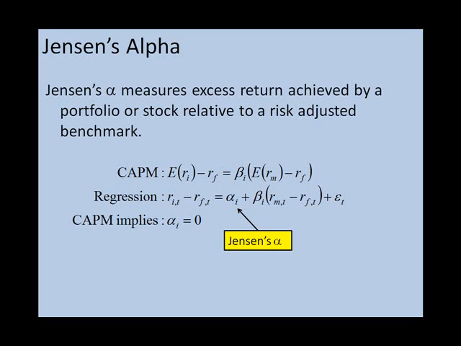The CAPM implies that the intercept, or Jensen's alpha, should be equal to 0. If these funds do perform abnormally, then we might expect the alpha to be greater than 0. That's what we're going to look at. Let's shift over to Excel then.